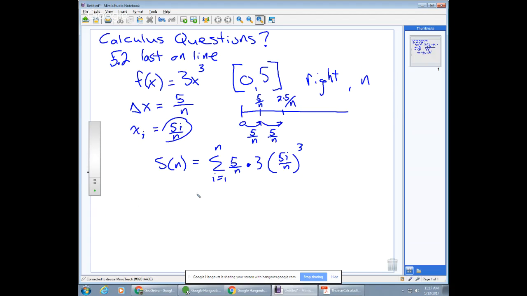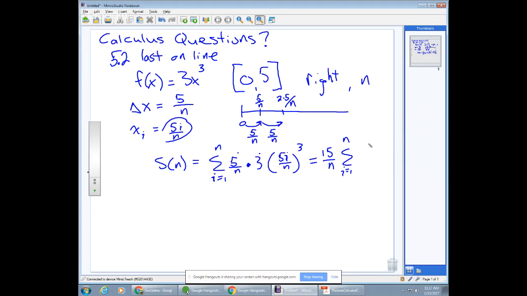So let's see, cleaning that up, I can pull out the 5 times 3. So for sure I have a 15 over n on the outside. And again, i is the variable here, so everything else is constant. So constant multiples get pulled out. So I have the sum as i goes from 1 to n. And then I'm going to cube these guys.